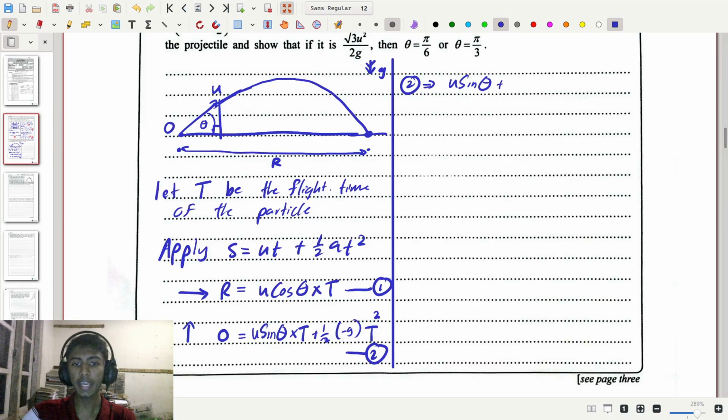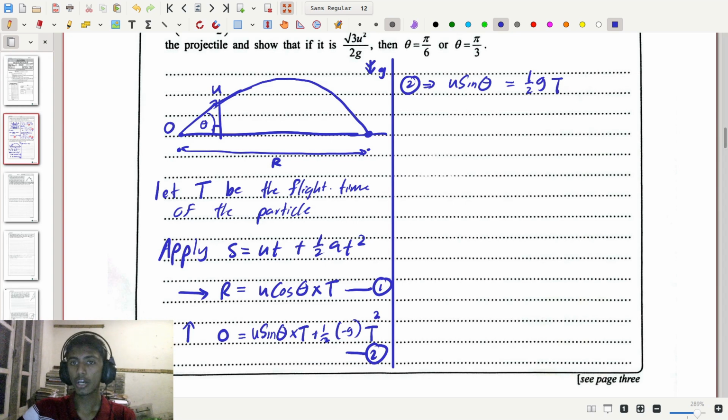plus negative. Actually we can do a little extra step here. Since we have all of this added together equals 0 and this is negative, we can take this negative component to the other side and write it as a positive component. So instead of plus half times negative g times t squared, we can have plus half times positive g times t squared on the other side. So we have equals plus half times g times t squared, but remember we are removing one of the t's, so therefore we have just t.